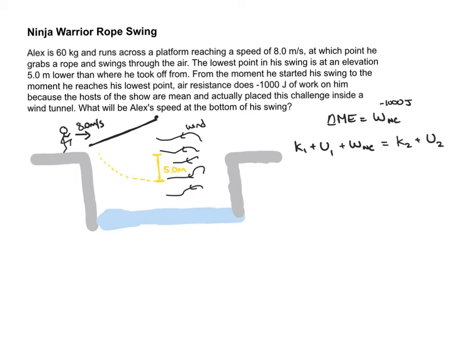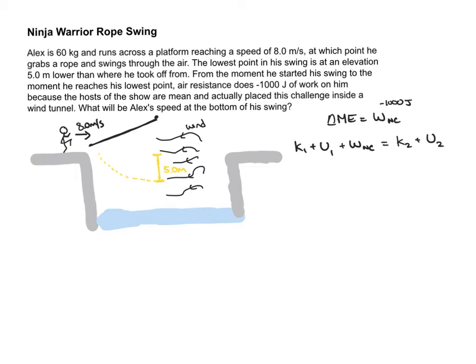Okay, for this, I'm going to see if I can cross any of these out. Is there anything that is 0 here that I can cross out? Well, one of the gravitational potential energies will be 0 if I choose a smart reference level.